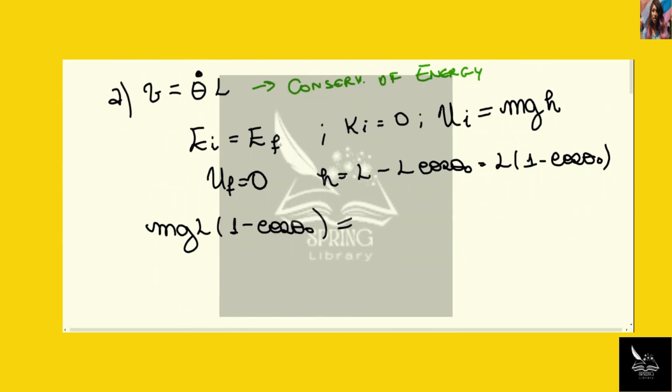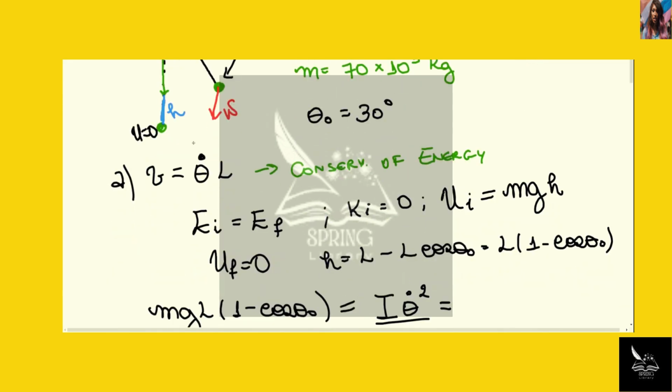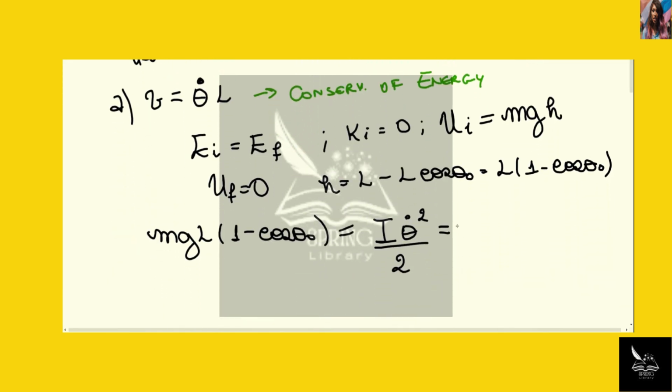The kinetic energy for rotation is the moment of inertia times the angular velocity squared divided by 2. But the moment of inertia for a particle rotating around a point at a distance L is the mass of the particle times the distance between the particle and the center of rotation squared.